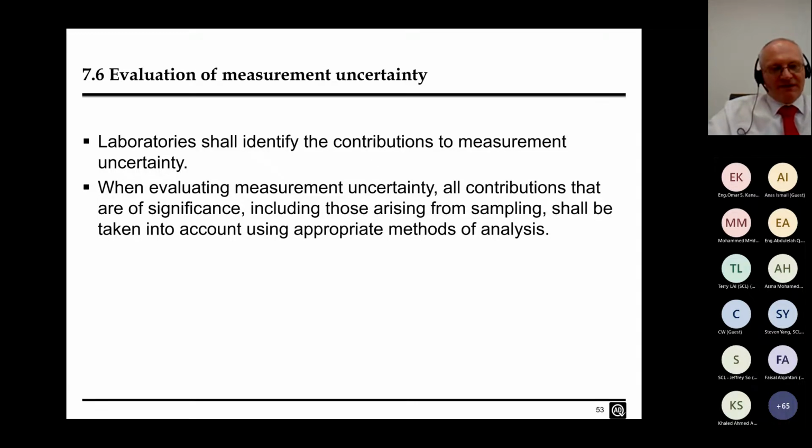And when you evaluate your measurement uncertainty, you have to include all significant contributions, including those arising from sampling, and shall be taken into account using an appropriate method of analysis. Well, we'll leave that to whoever's teaching you about uncertainty, but we're looking at the guide, the GUM here, the guide to the uncertainty of measurement. That tells you what appropriate methods of analysis are.